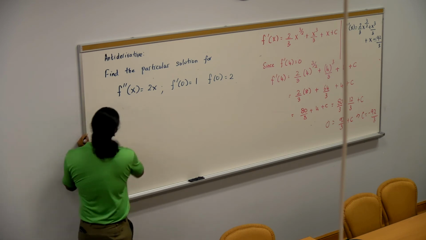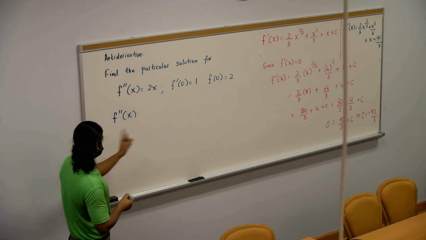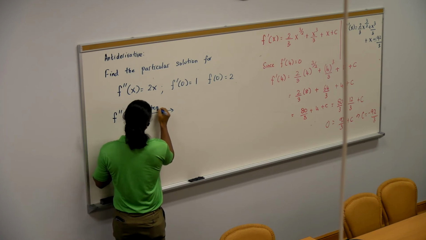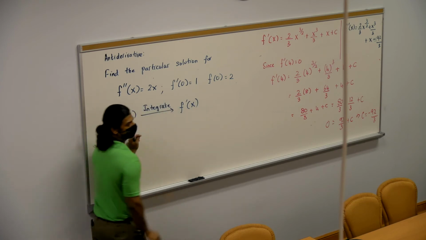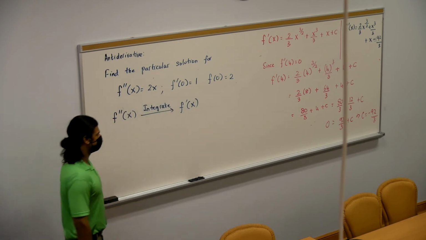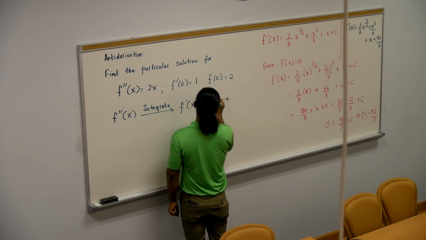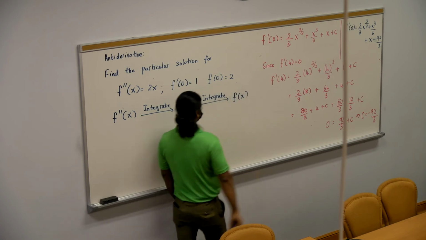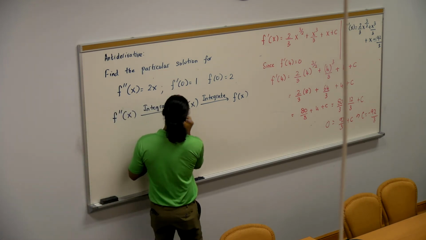The key idea here is if you have f double prime of x, you integrate it once. You will get f prime of x. Integrate it again, and you will get f of x. In the previous problems, we just did that part.